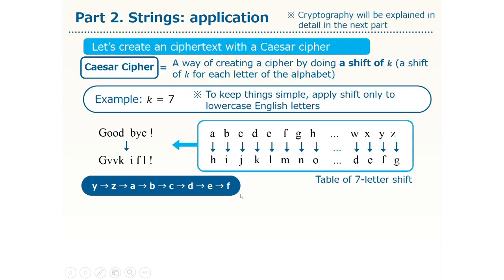Using this idea, let's take good, for example, then corresponding to o, we have v, and then d corresponds to k. Okay? So this becomes good, becomes this sequence.